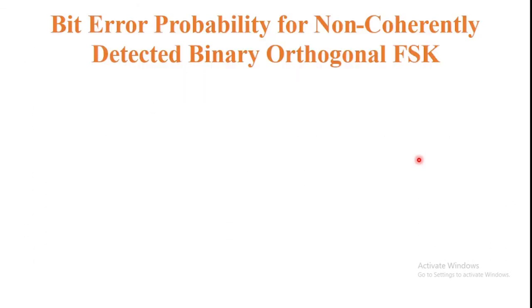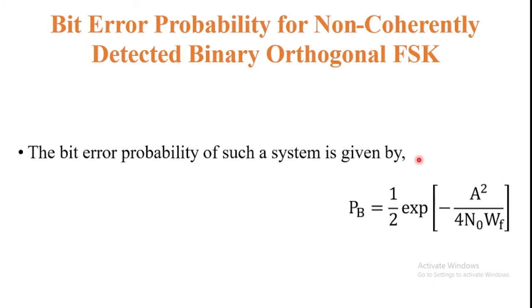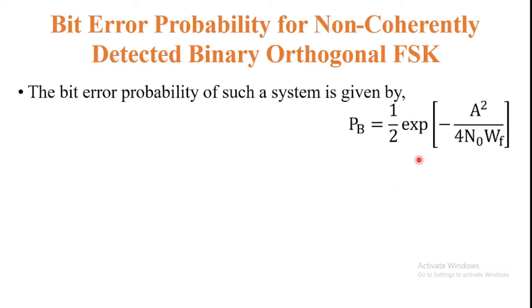And next we are going to discuss bit error probability for non-coherently detected binary orthogonal FSK. Now let us consider the binary FSK system in which non-coherent detection using the bandpass filter is done.